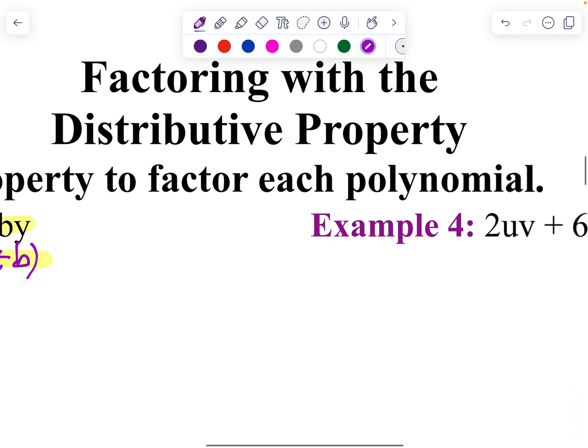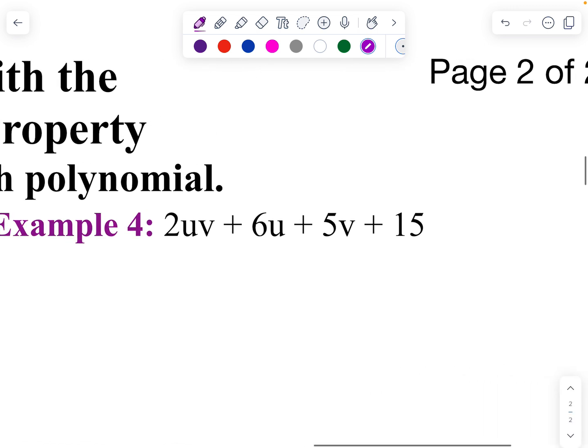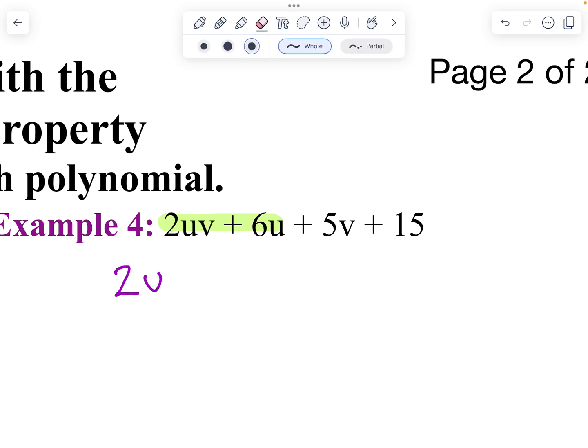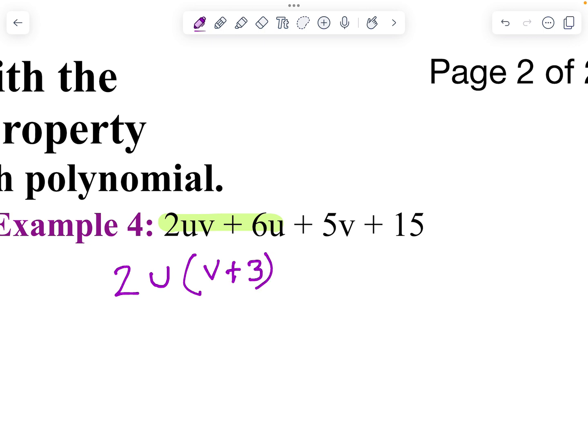Let's take a look at example 4. We'll go through that same thing. I'm going to look at just my first 2 terms here, and notice I've got a 2 and a u. I just noticed I should not have used those letters because they look so similar when I print them out. So 2u, and what's left over is v plus 3.